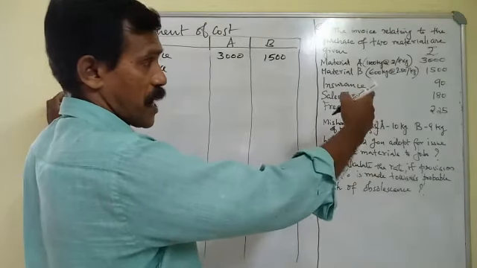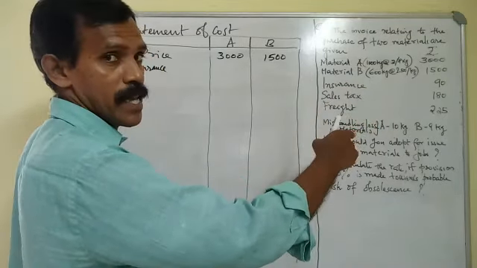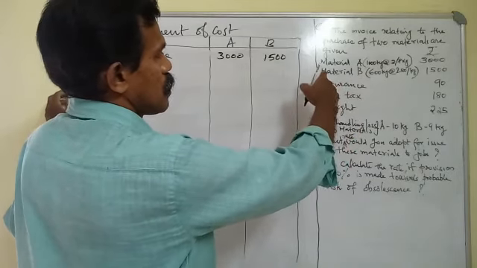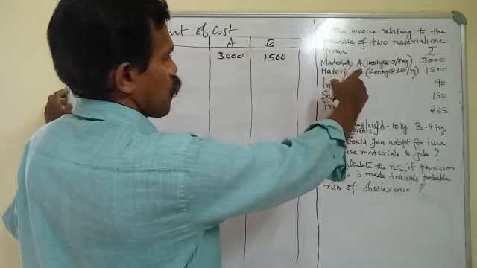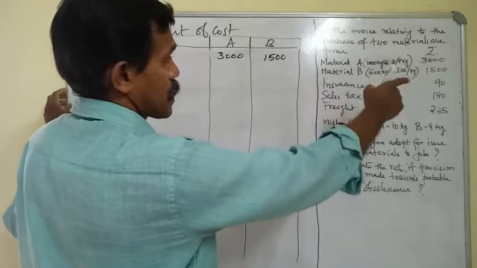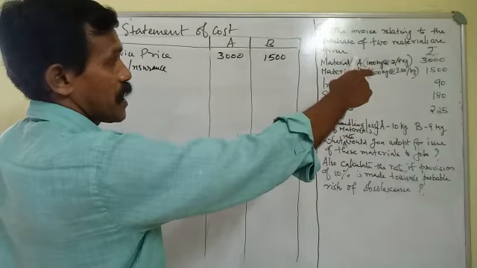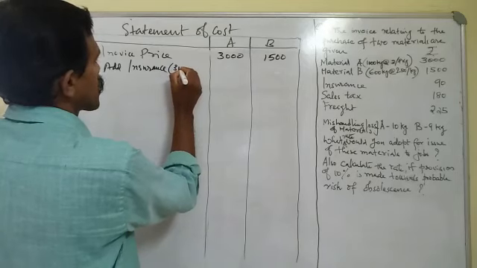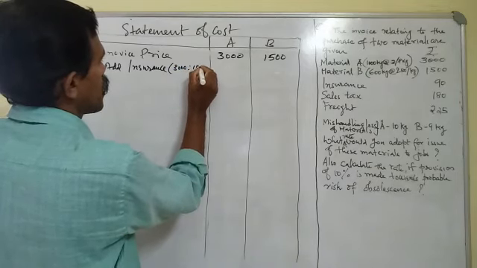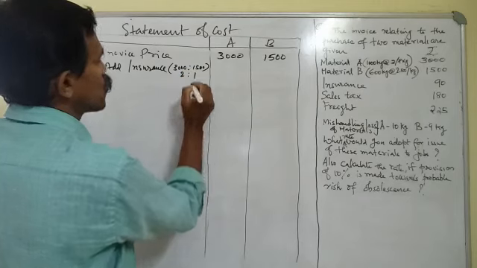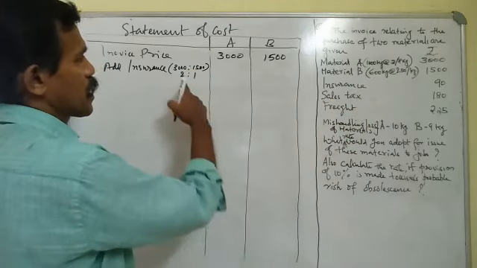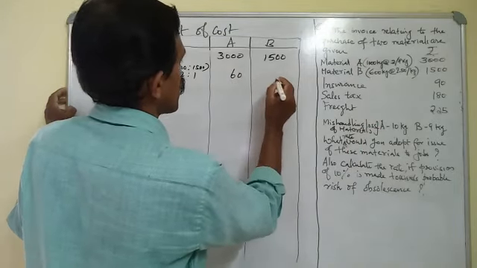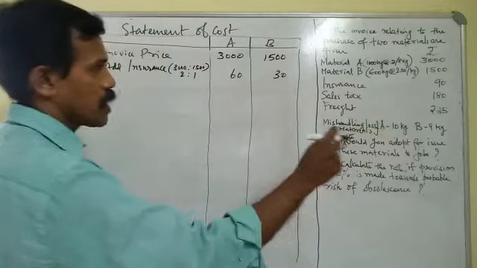Insurance amount is rupees 90. We have to apportion that 90 in the proportion of the price of material A and B. The amounts of material A and B are 3000 and 1500, a ratio of 3000 to 1500, which is equal to 2:1. We apportion that 90 in the ratio of 2:1. So 60 rupees for A and 30 rupees for B.